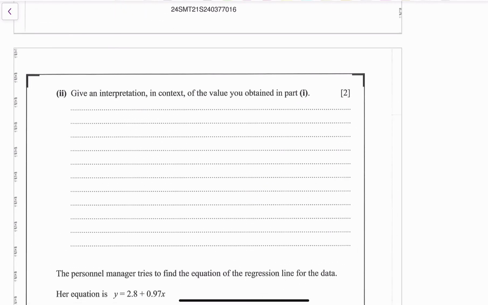Give an assumption and an interpretation, in context of the value obtained. So very little correlation.